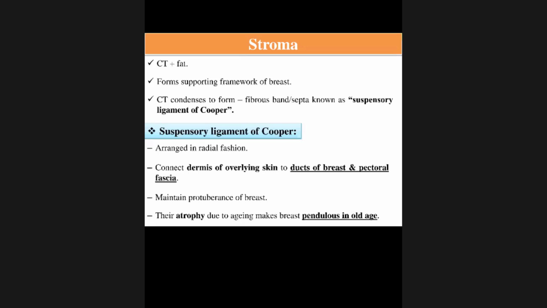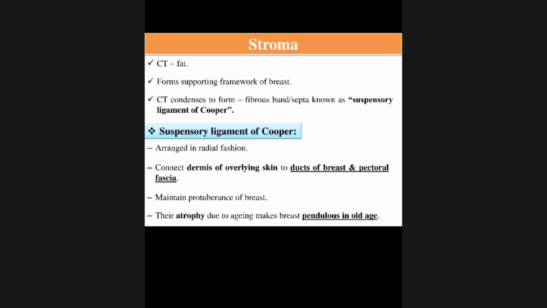As age advances, this ligament of Cooper gets atrophied and starts degenerating. That's why in old age the breast becomes pendulous, it moves up and down, because the ligament of Cooper becomes atrophied.